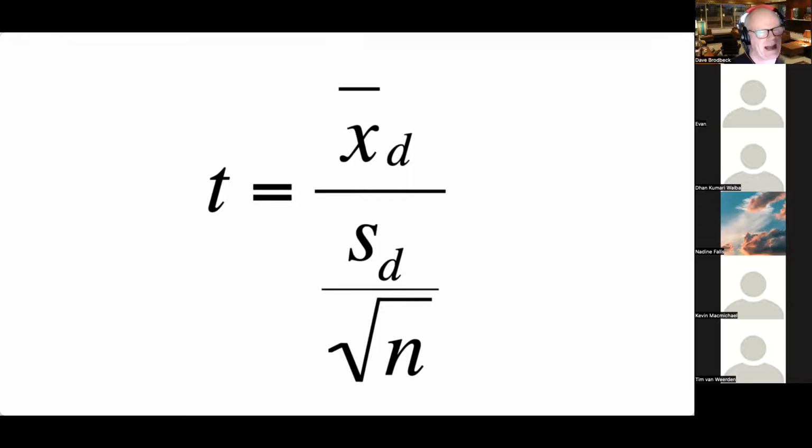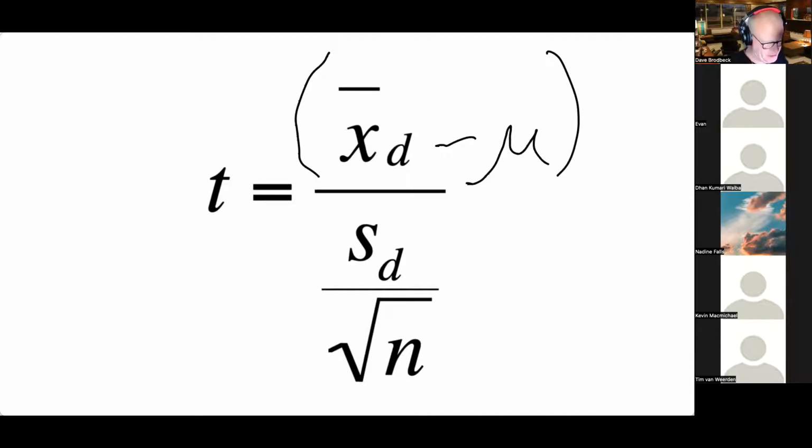When you think about this, on top, really, that's x sub d minus mu. But what would we expect the average difference to be between two sets of observations if they're from the same population? We would expect it to be 0.